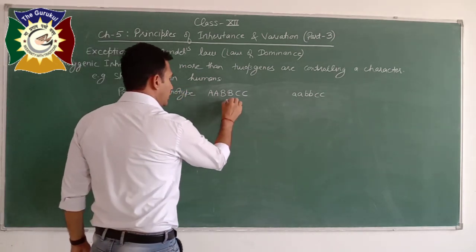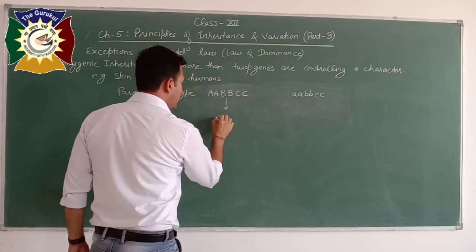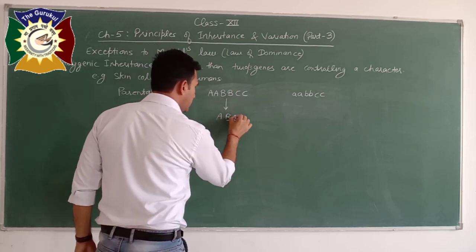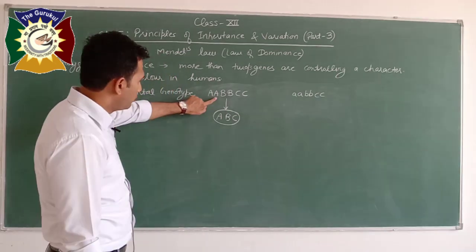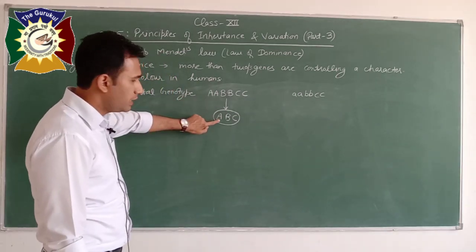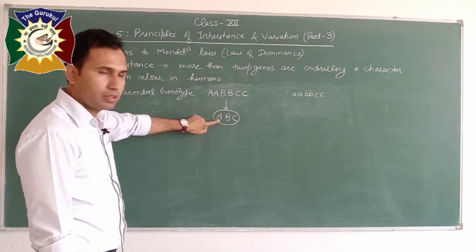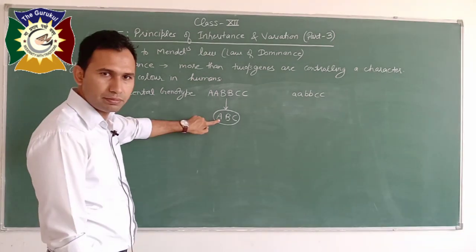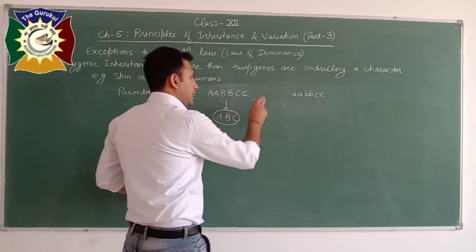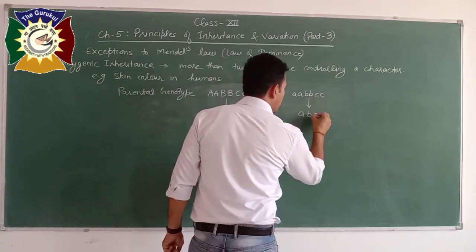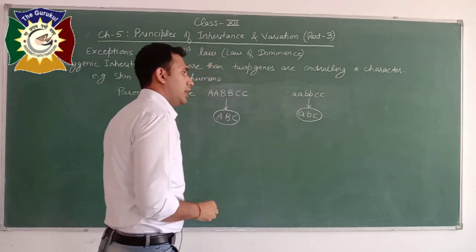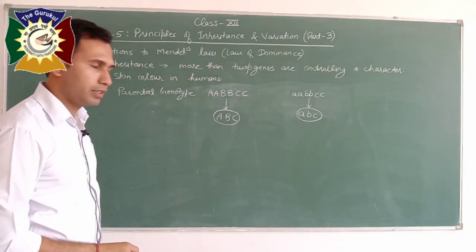Now from here the gamete will be A, B, C, a single type of gamete. So from two alleles only one allele will go into the gamete. This is Mendel's law of segregation. Second, same here, small a, small b, small c. Only one out of two alleles will enter into the gamete.